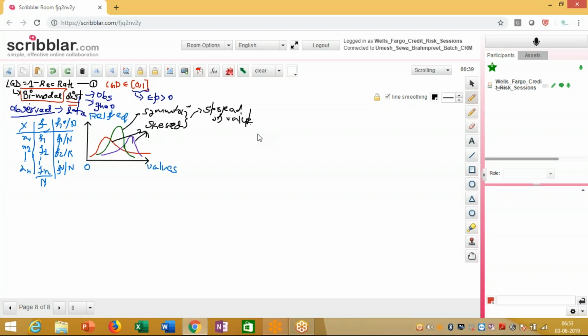So when I talk about the spread of the values, what we need to understand is how these values are spread. Now, if you have a look at this red graph, you will see that the majority of the concentration of the values is towards the left side, right? On the left-hand side, the most frequently occurring values are captured.